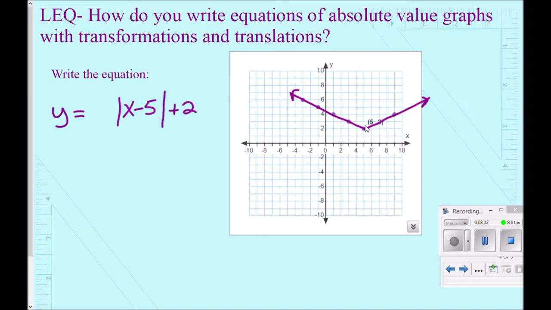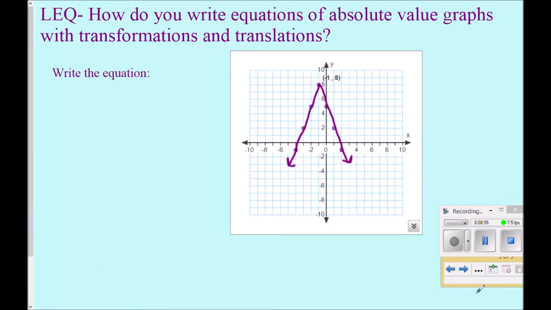So rising 1 and running 2, which means the a value is 1/2. Okay. Also, I'm noticing it has a positive orientation, so I know that the 1/2 should be a positive 1/2 rather than a negative. So that is the equation of our graph.